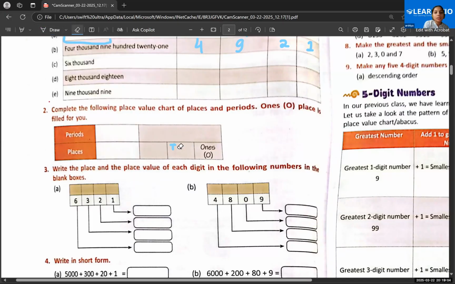Let me change this. Tens I'll write as T, and then we have hundreds and I'll write it as H. Now they have also written one more thing here, that is, write the periods. All these three belong to one category, and that is called the hundreds. So you will write it here.